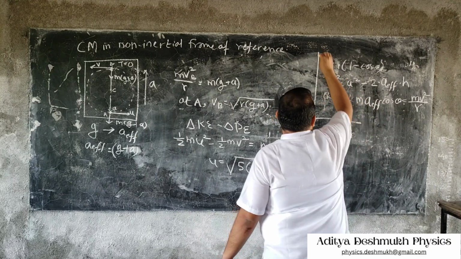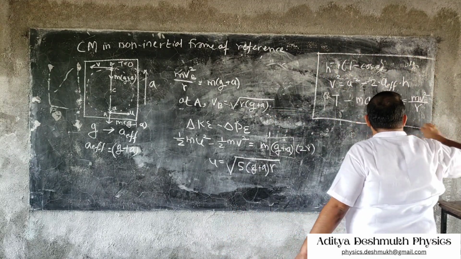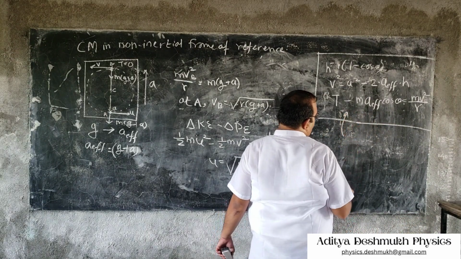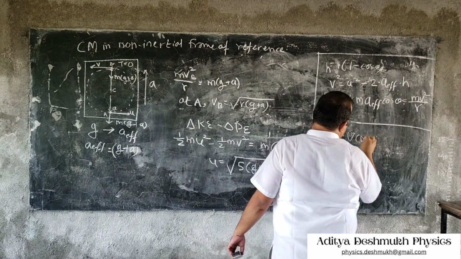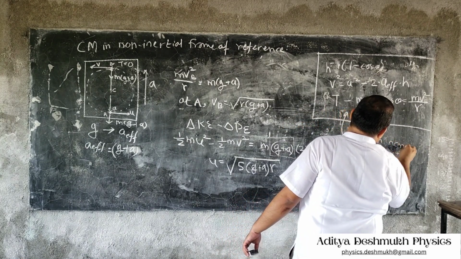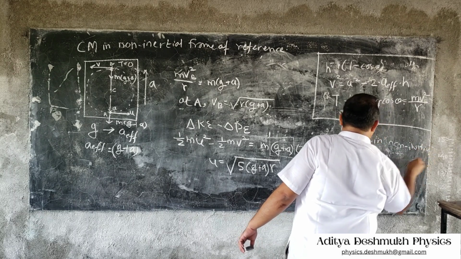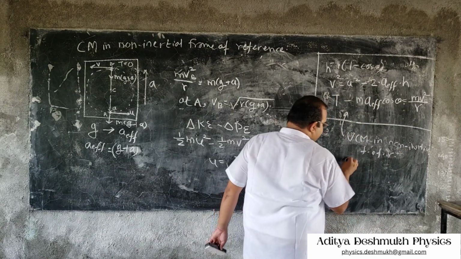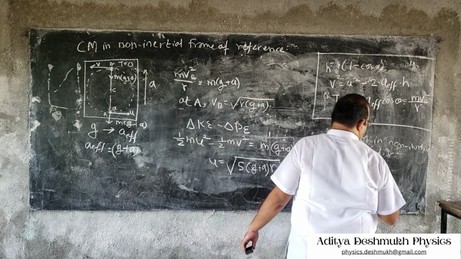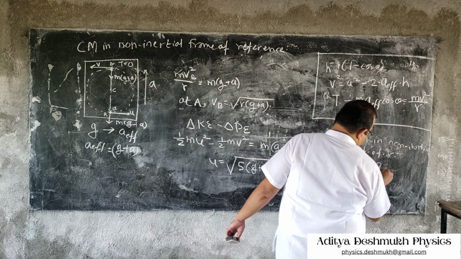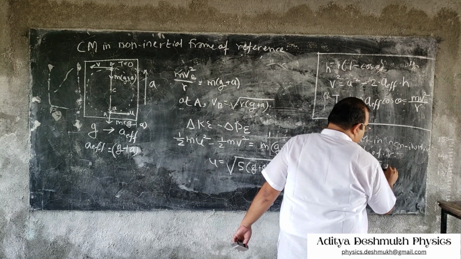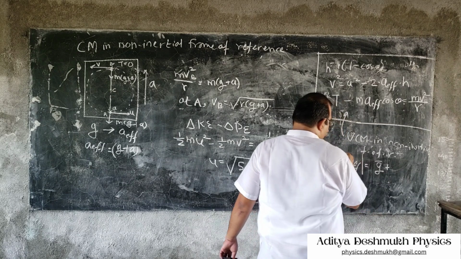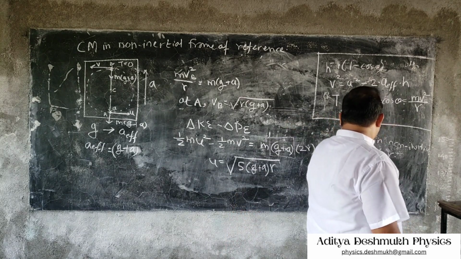So these are the generalized equations in VCM in a non-inertial frame of reference. And effective acceleration is nothing but g bar plus the magnitude of effective acceleration.